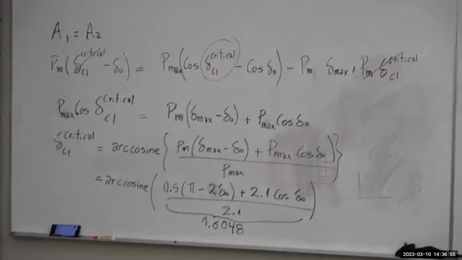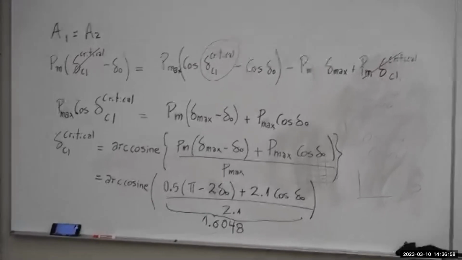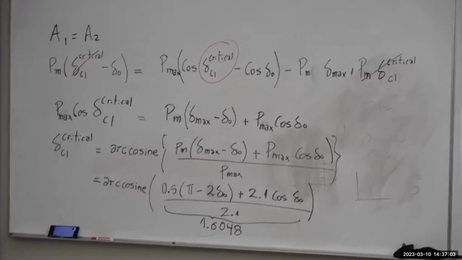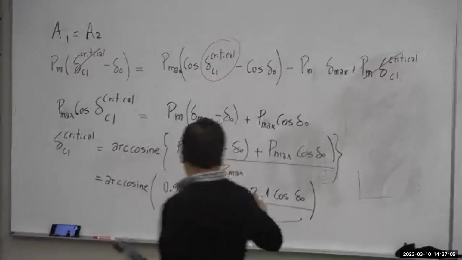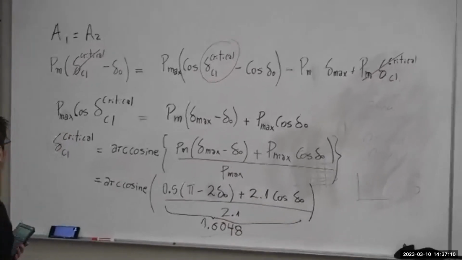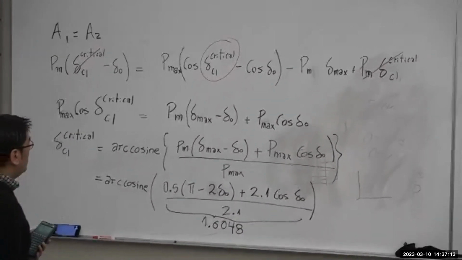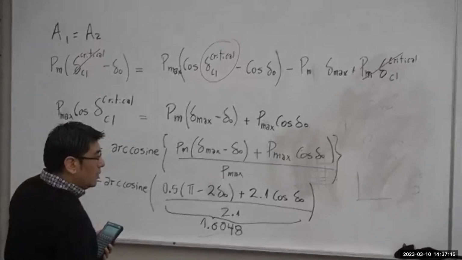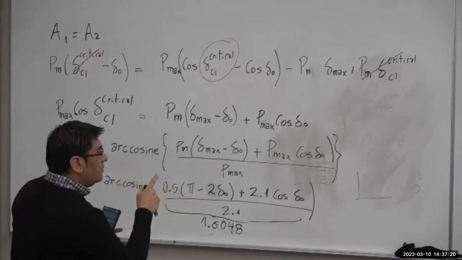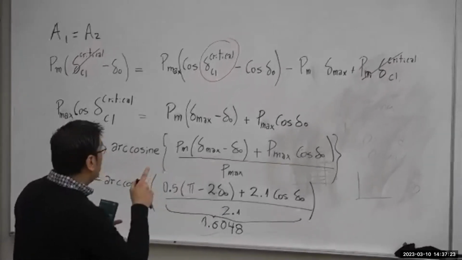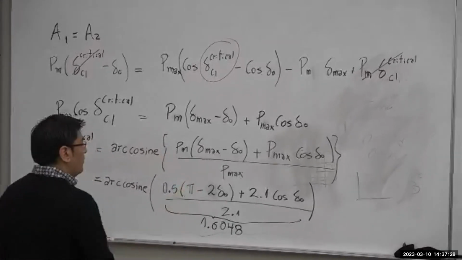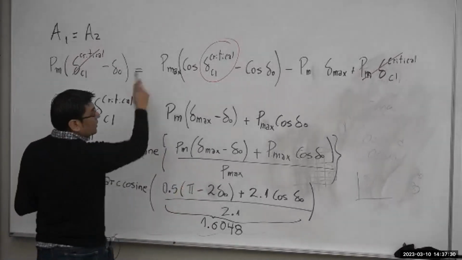So this is negative Pm delta max and positive Pm delta critical clearing angle. Now you can see that better from your seat. We copy that and put it right here. Pm delta max plus Pm delta critical clearing angle. Those two are fine. Ooh, here's the problem. This is negative or not?